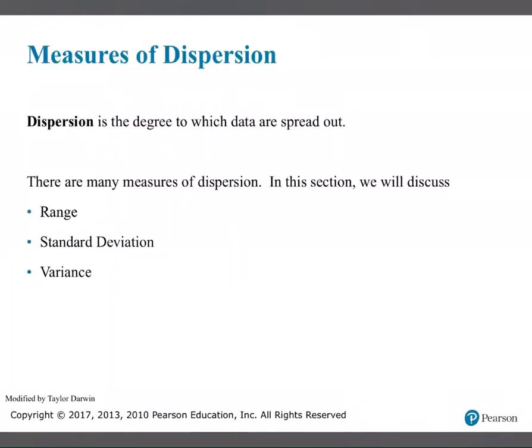What I just kind of talked about, that 4 minute wait and 5 minute wait, that's what we're going to learn a little bit more about today, and that's called dispersion, and it's the degree to which the data are spread out. We can learn many ways to measure dispersion. There are 3 ways that we're going to talk about in this section: range, standard deviation, and variance.